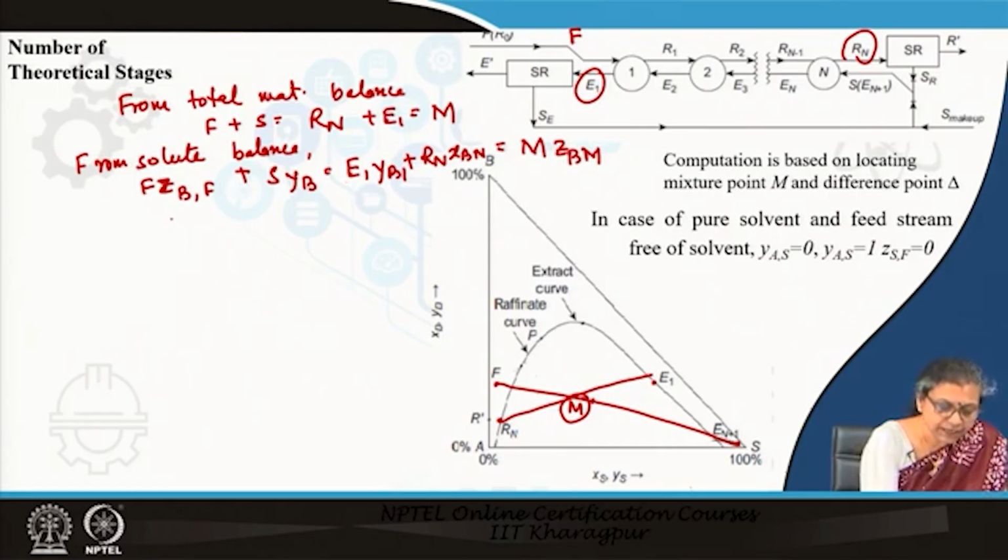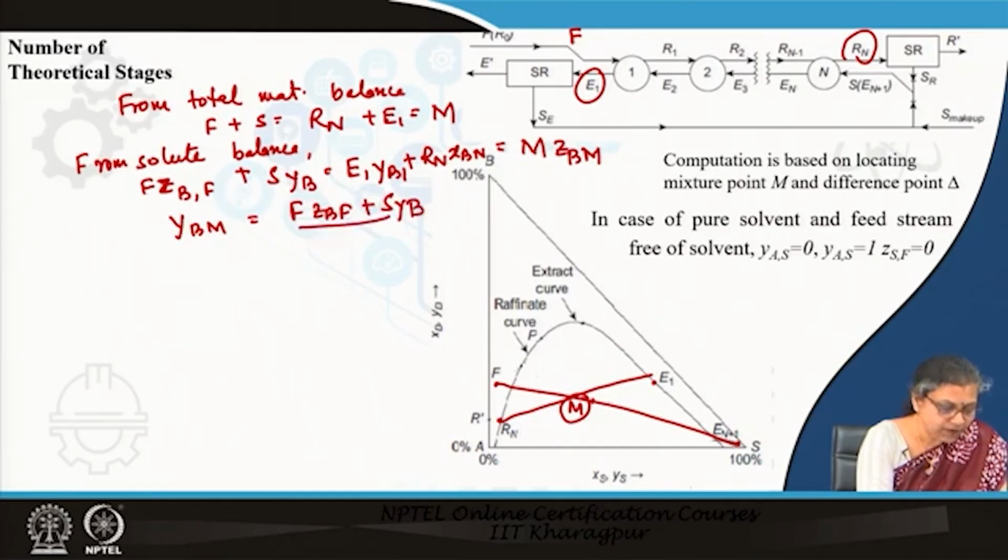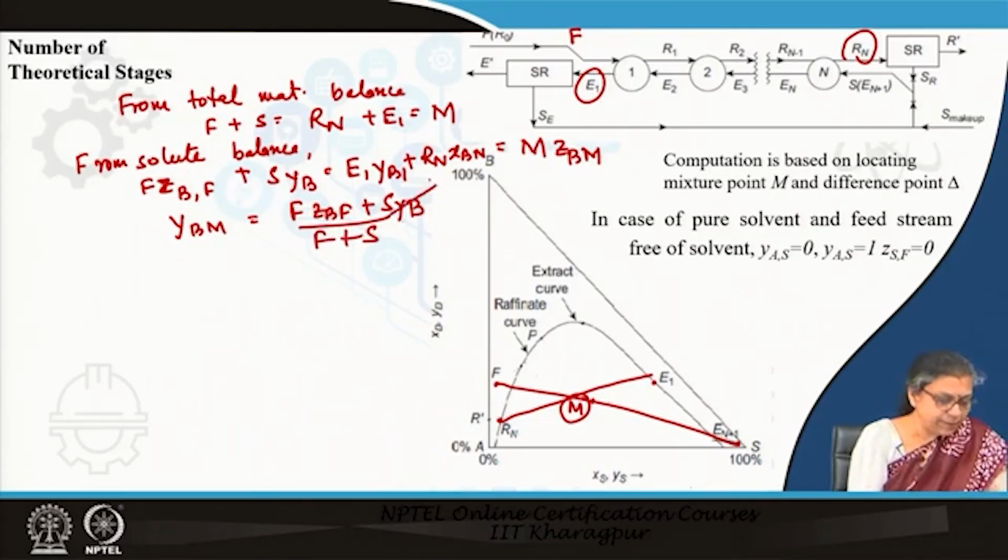So, from there we can find out Y B M, which is nothing but F Z B F plus S Y B divided by F plus S. If you are taking completely pure solvent, then this term disappears.